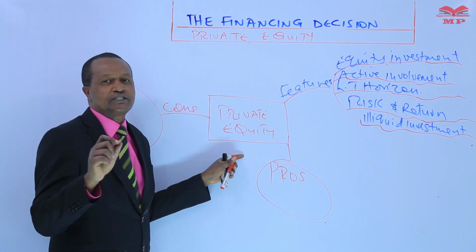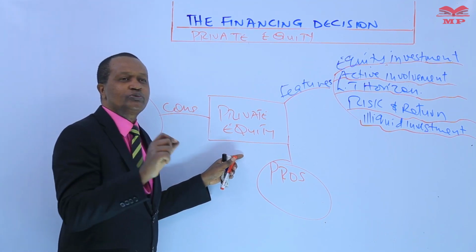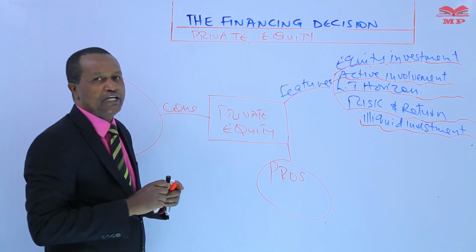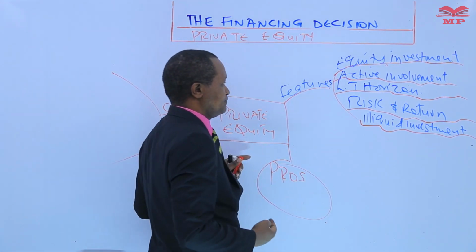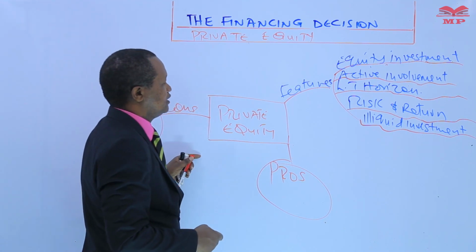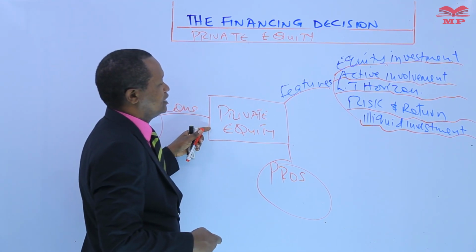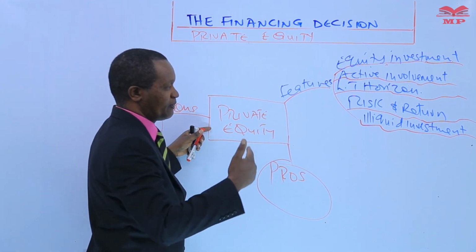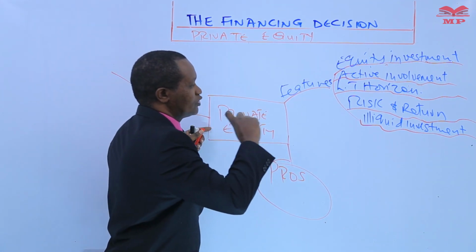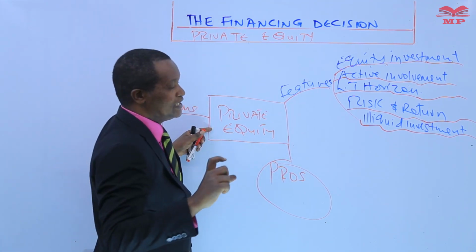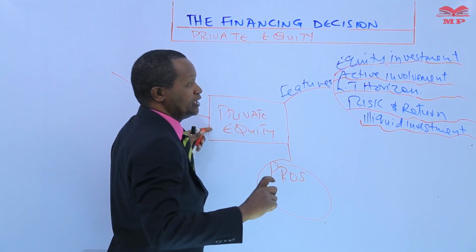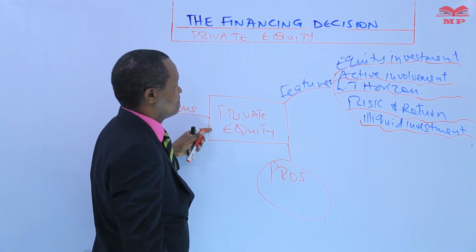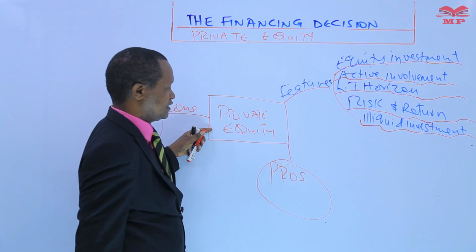And that contrasts with publicly traded stocks which can be bought and sold more easily. So when one invests in a privately held company, that money is not easy to recover, or the stocks cannot be sold as easily as the stocks held by public companies.